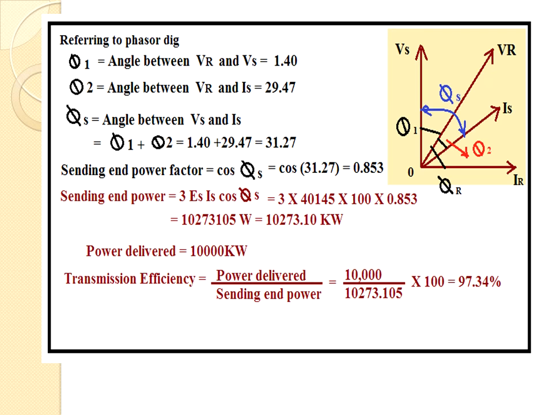Power delivered, power at receiving end, divided by sending end power, that is power input. So we are going to get 97.34%.